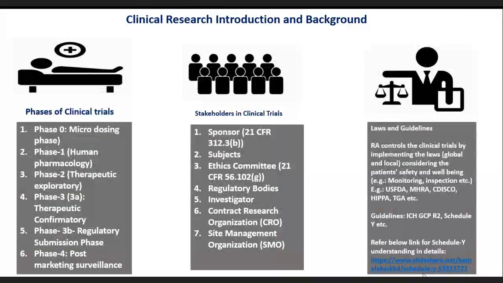Around 1000 to 5000, and sometimes 10,000 people participate in phase 3 clinical trials, and it takes around 1 to 3, 4 years, depending on the primary or secondary outcome and how many centers are involved. It ranges from 1 year to 5 years.